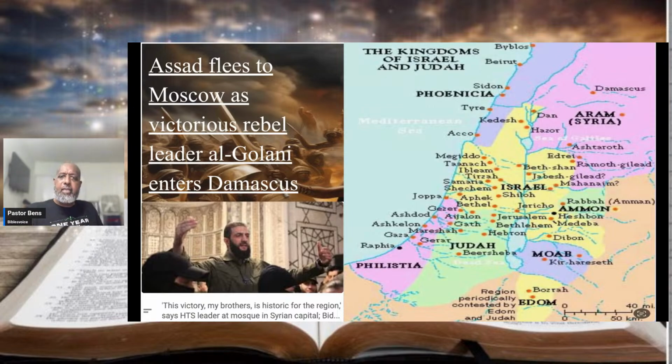So if you look in the pink area, I know it's kind of small, but at the very top, almost at the very top of this pink, it says Damascus. It's right up here. Okay, it's right across from northern Israel. Okay, and if you go down a little bit, it says Aram, Syria.